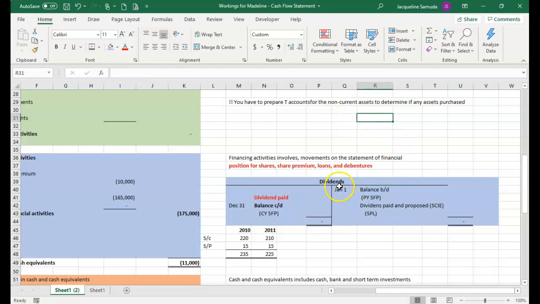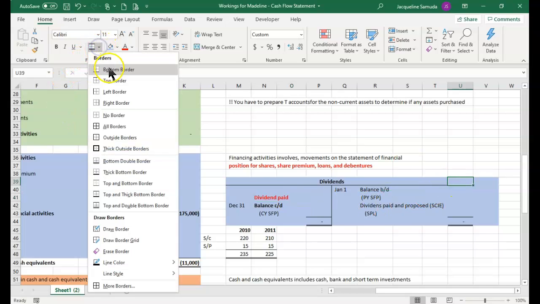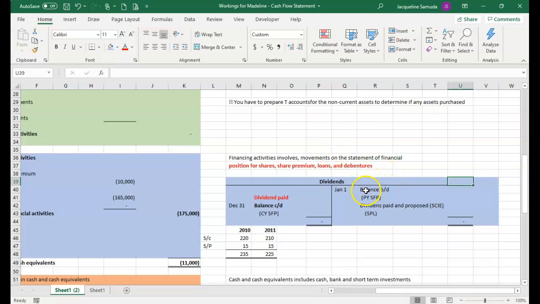So for the dividends T account, our objective is to work out what the dividends paid was. So here's how we're going to arrive at that figure. We start off first with the opening balance for dividends payable. So I'm going to just make a note that we're looking at dividends payable.